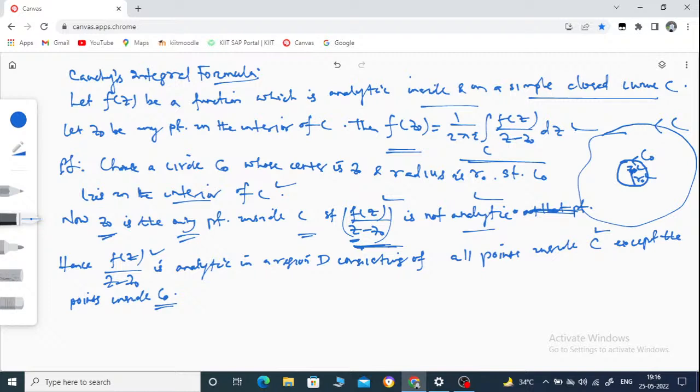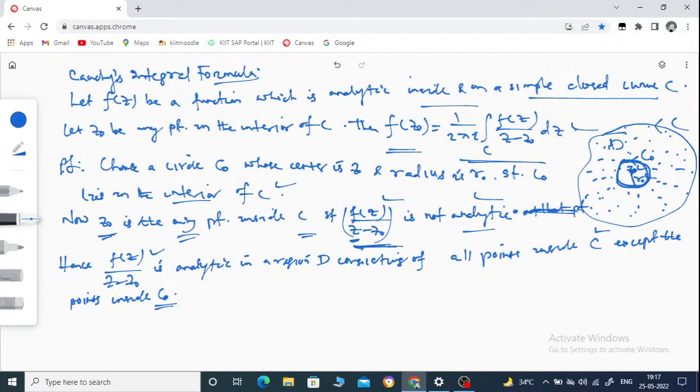If I remove or exclude this C naught, it is analytic outside of this C naught. And I am saying that is my region D where it is analytic outside C naught. Okay.